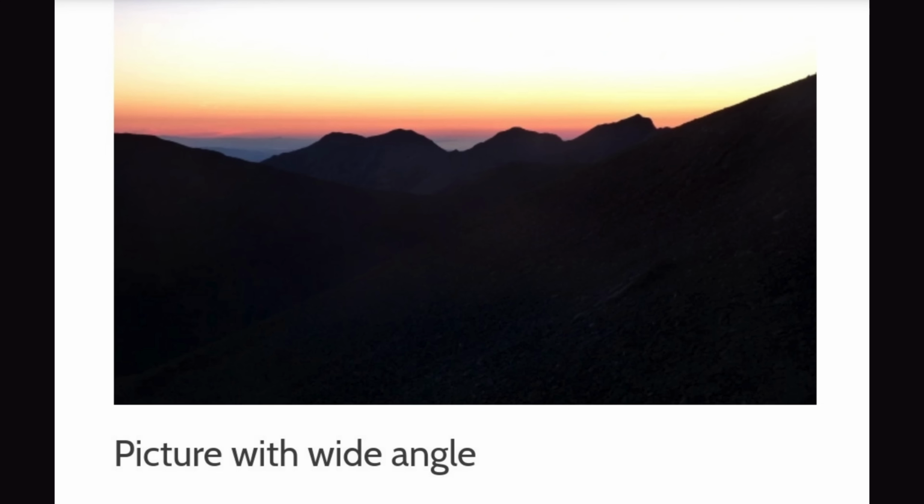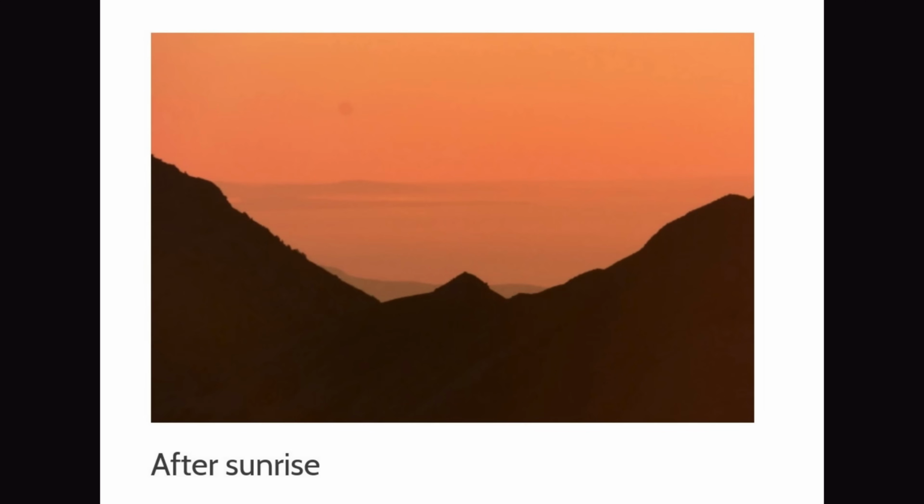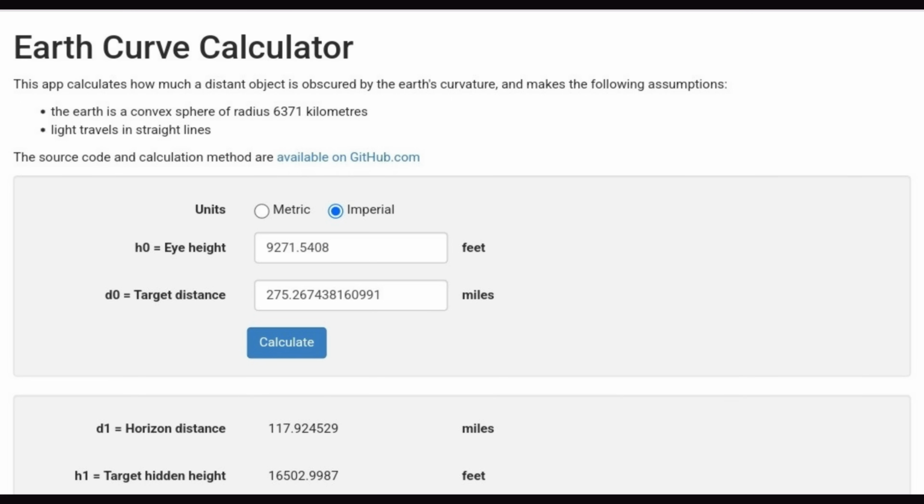And then also the article gives us some other photos, a picture with wide angle and a missing silhouette few minutes before sunrise and then after sunrise, and you can't see anything. So again, this really depends on atmospheric and weather conditions. Now the article also did the calculation for us with the altitude and the target distance in miles and feet, and you can see that there should be 16,500 feet of curvature.